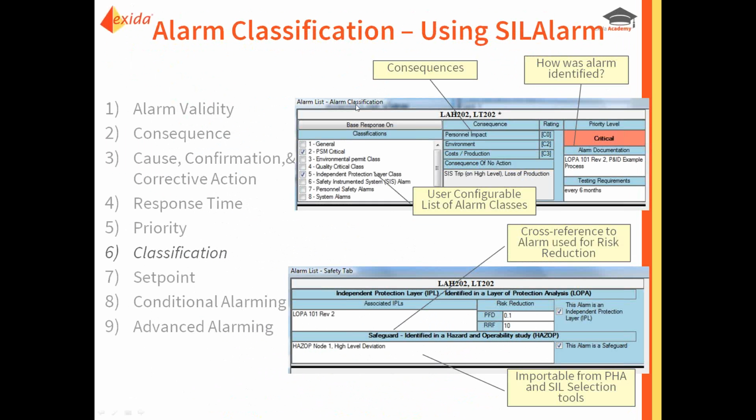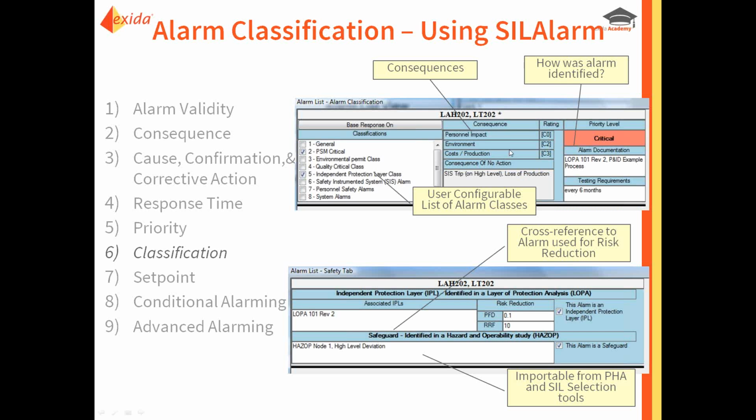Here you can see a couple of screen captures about how that shows up in our SIL alarm tool, our rationalization tool. So we've got a list of up to 16 classifications that can be defined. An alarm can be assigned to more than one class.